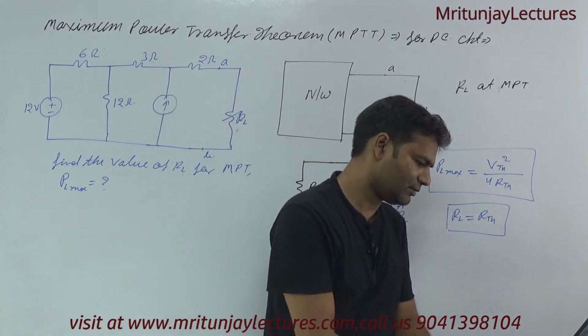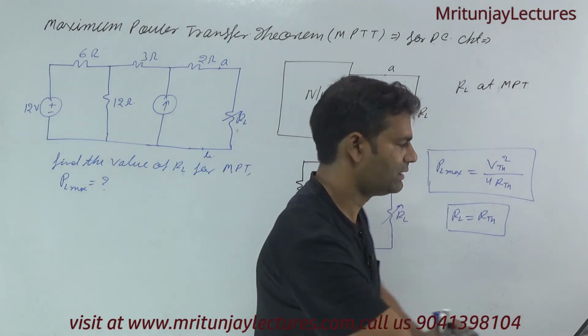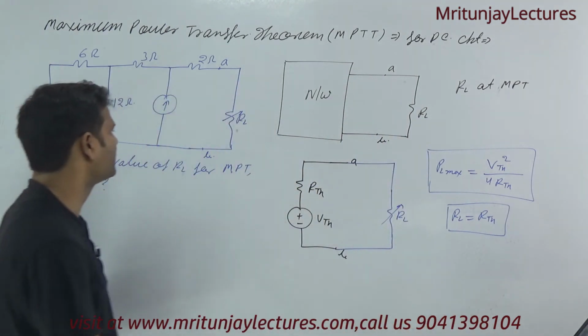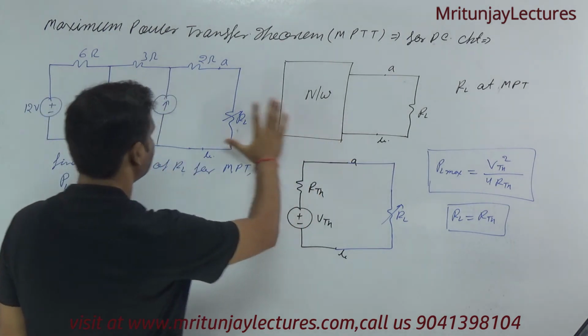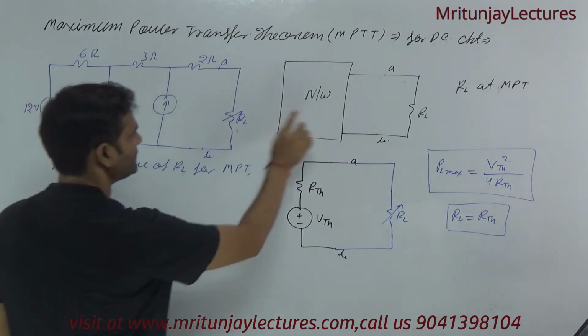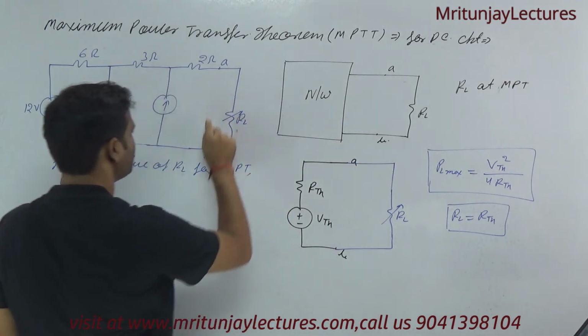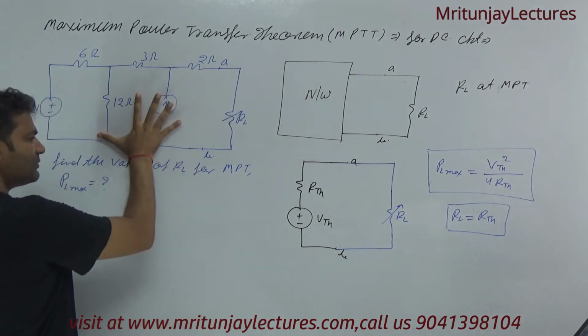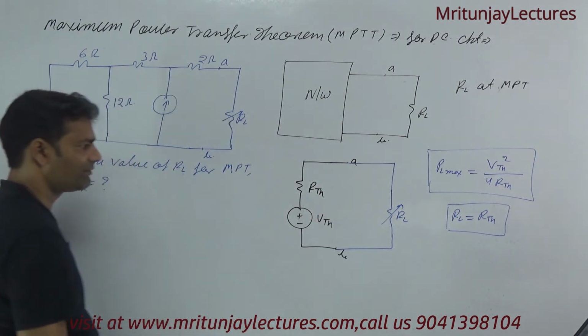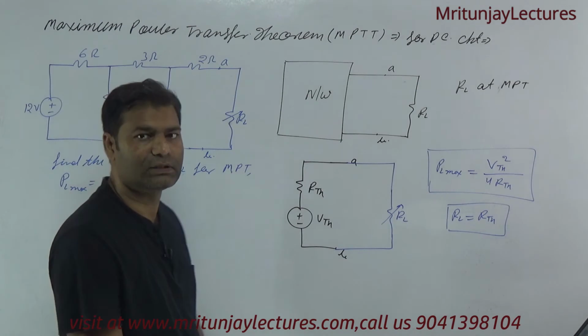So how can we determine it? First of all, this circuit is converted like this one. This circuit is given like this, that is the AB terminal, which is the same. This one represents a network. If this network is represented like this, then after that we get RL.